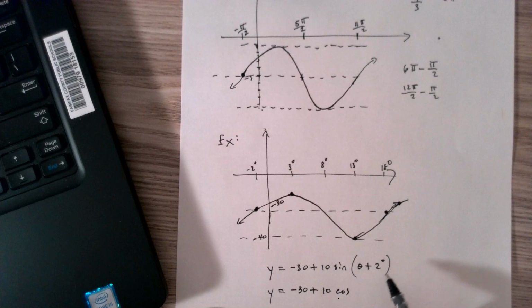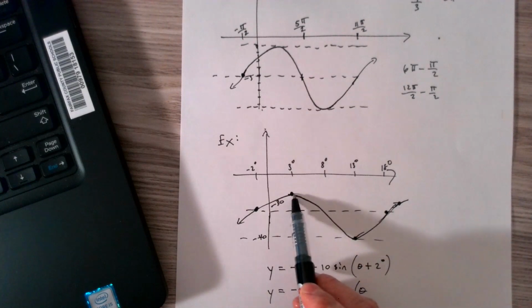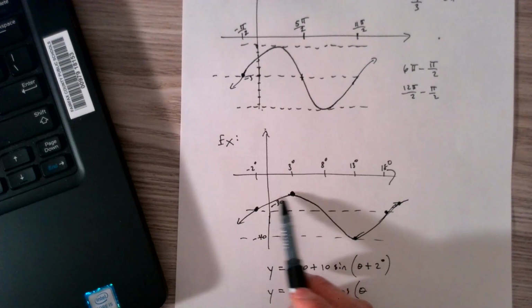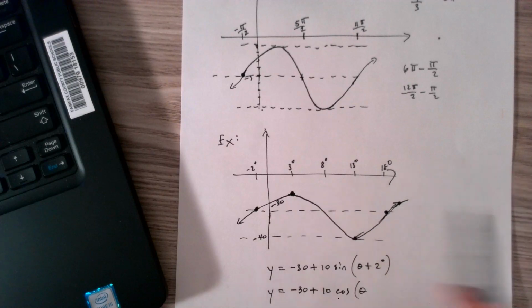I'm using cosine this time. And now my starting point is in a different place because my cosine function starts at the upper bound. So this is the parent moved 3 degrees to the right. So theta minus 3 degrees.